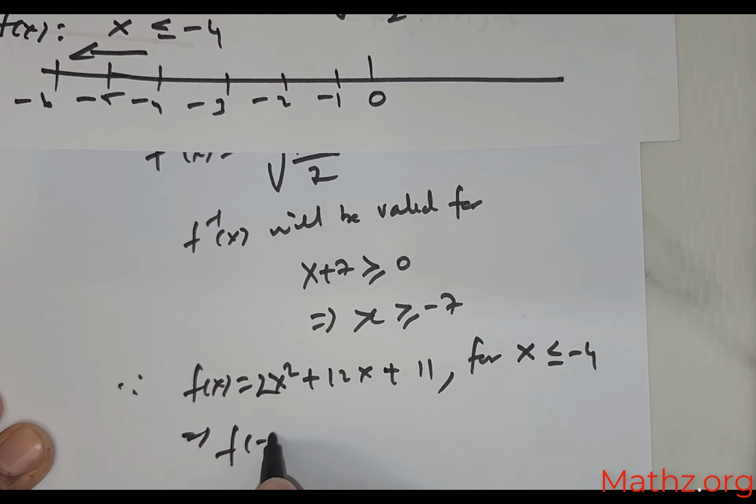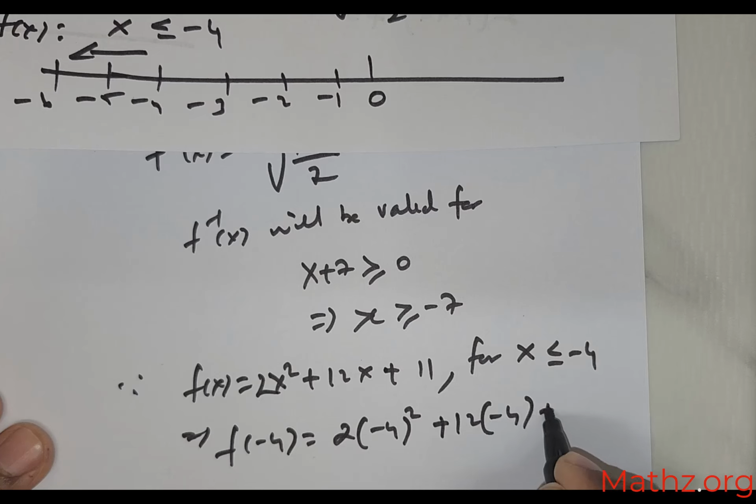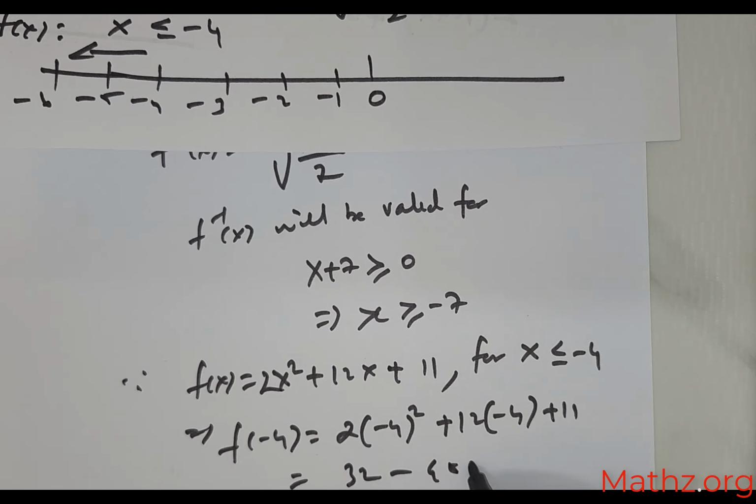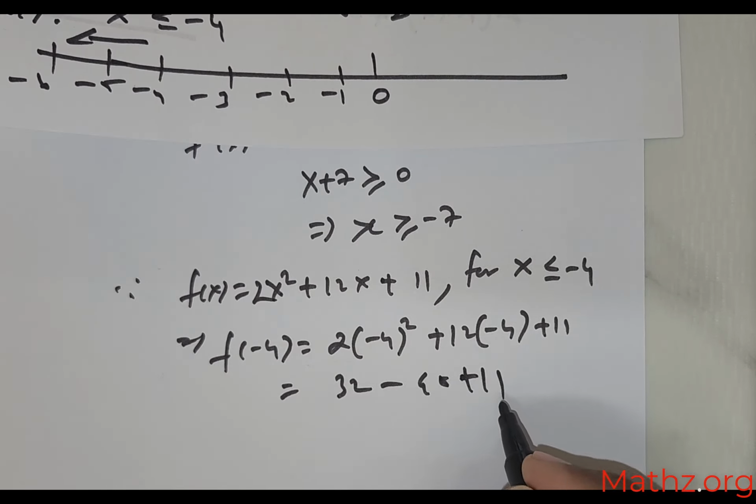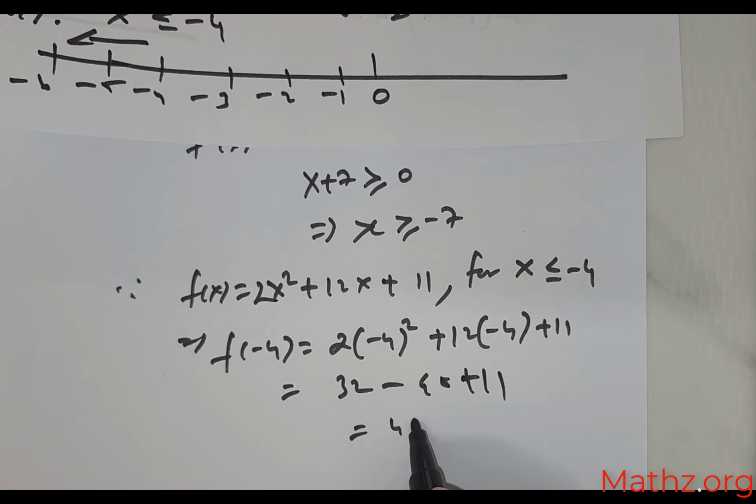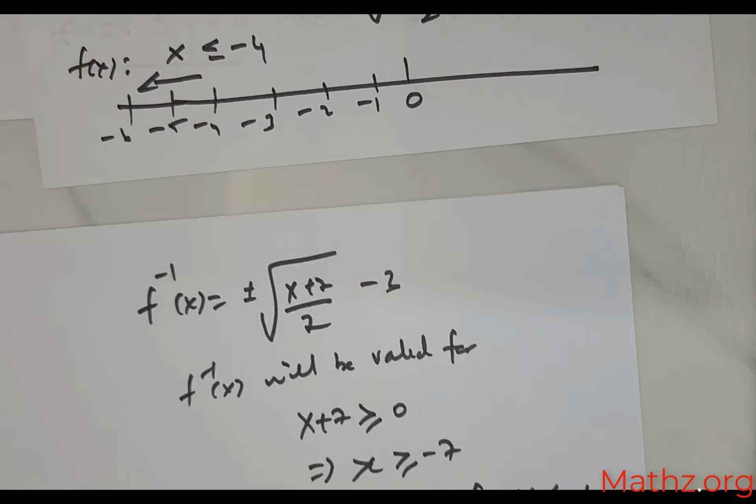This means f of negative 4 is equal to 2 times negative 4 the whole squared plus 12 times negative 4 plus 11. Let me calculate this value. 16 times 2 is 32, and this is 48, plus 11, and 43 minus 48, which is negative 5.